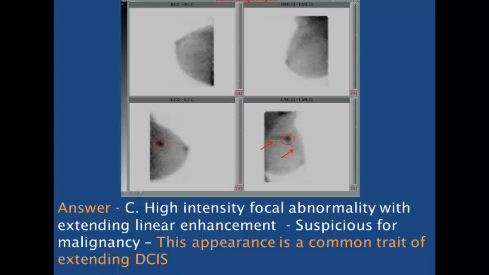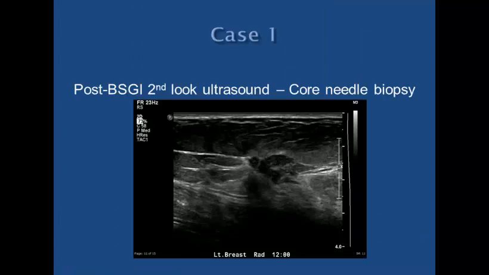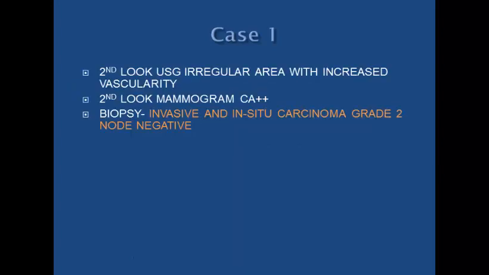And this is a common appearance of ductal carcinoma in situ, extending beyond the area of the breast cancer itself. So this is that patient's second look ultrasound, again for the purposes of biopsy. And the diagnosis in this patient was invasive and in situ carcinoma, grade 2.